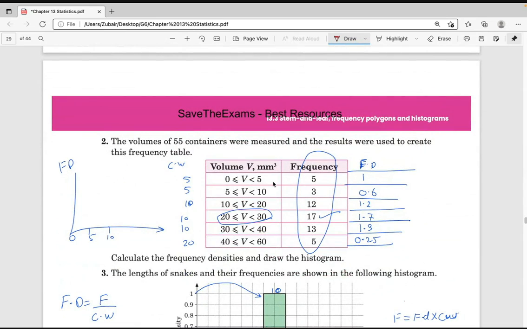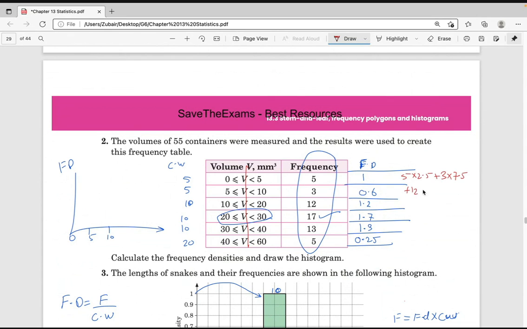For the mean, I will do 5 into 2.5 plus, dictate me the next value, 3 into 7.5. Yes, middle values. We will use the middle value.